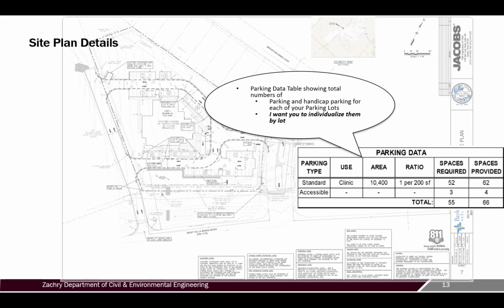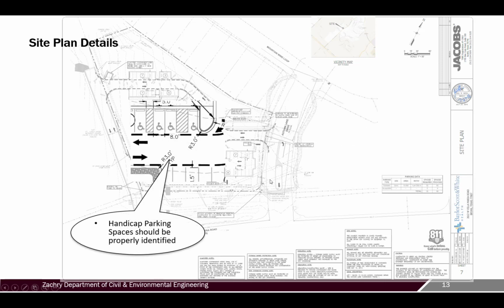There might be a series of you're allowed this many spaces, or you have to have a minimum of this many spaces. So if you ever go to a place like the movie theater and there's a ton of parking spaces, well, what determined that? Those are actually set up by the codes for the Bryan College Station area as far as parking spaces go.